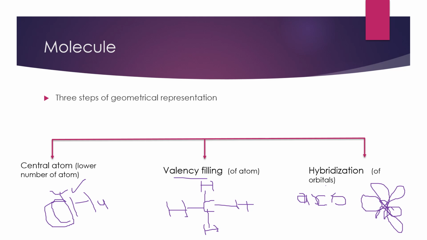It's a bit different, but the representation is like this, because we know that in the S shell, and I'll be teaching you about that in the upcoming videos. So just suppose that that shape would be after hybridization of the orbitals.